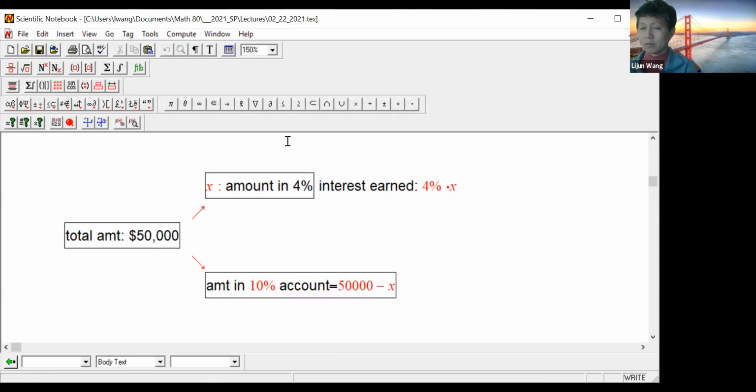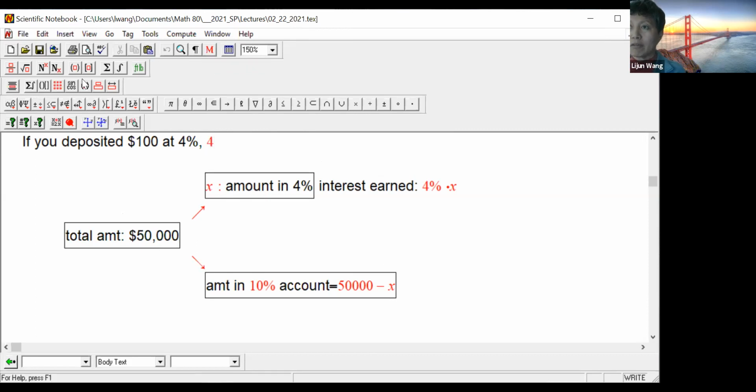For example, in the bank, if you deposited $100 at 4%, how does the bank compute how much interest you get?